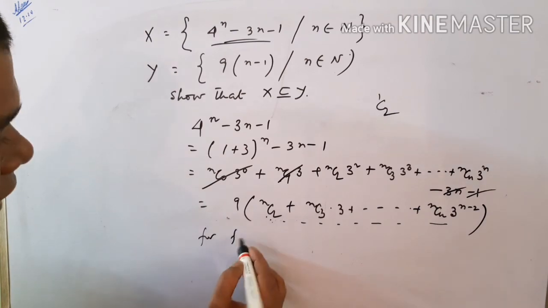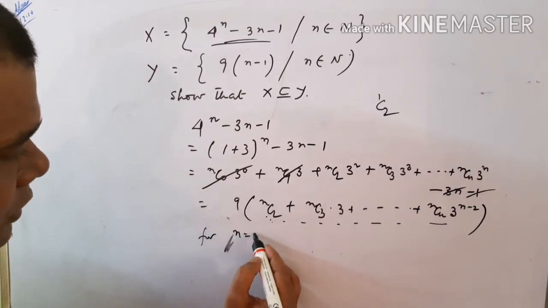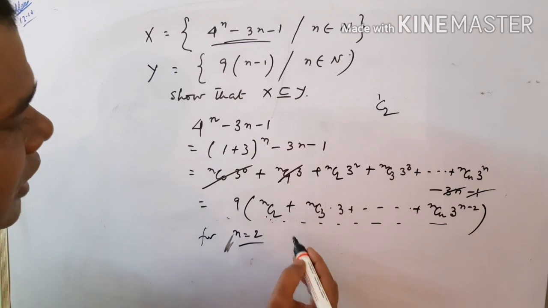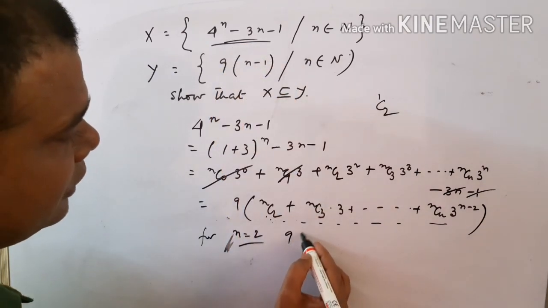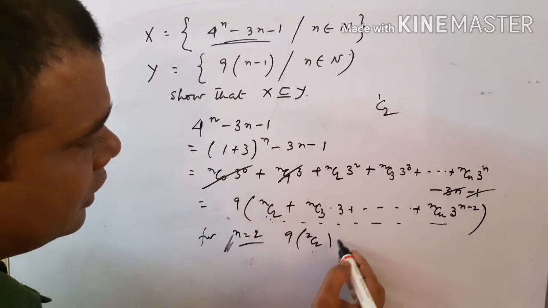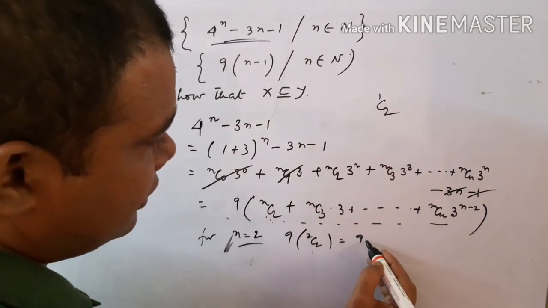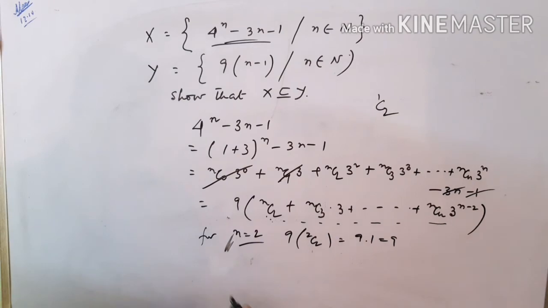So for n equals 2, the value of the element is 9 into 2C2, that is 9 into 1, that means 9.